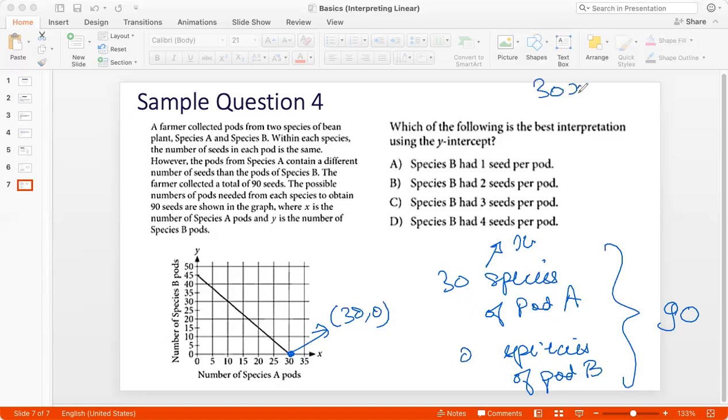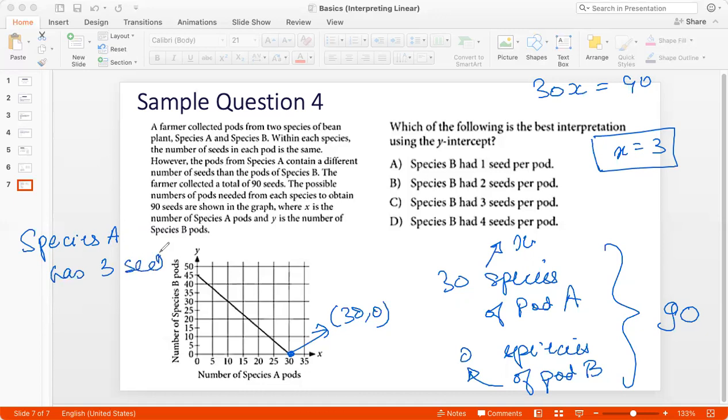Then 30x has to be 90, because B has contributed 0 in this case, right? So x would be 3. x is going to be 3. What does that mean? That species A has 3 seeds per pod and species B has 2 seeds per pod.